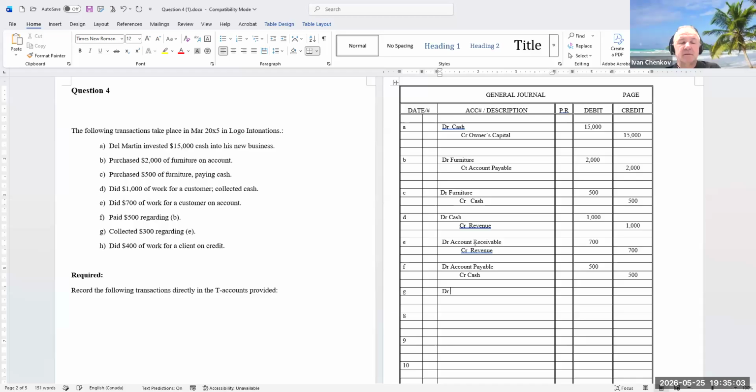Debit cash with $300 and credit accounts receivable. Now we're going to reduce the accounts receivable with the same amount.